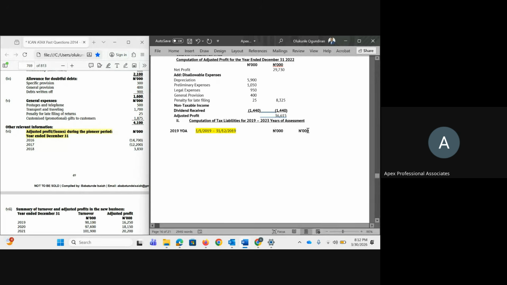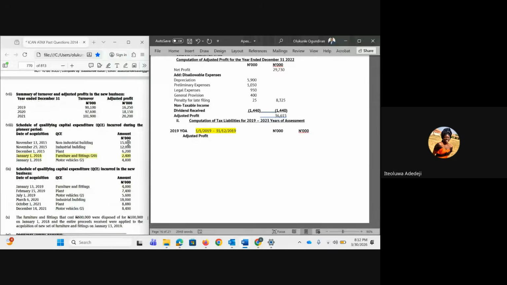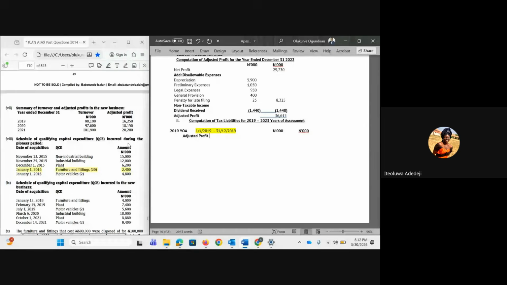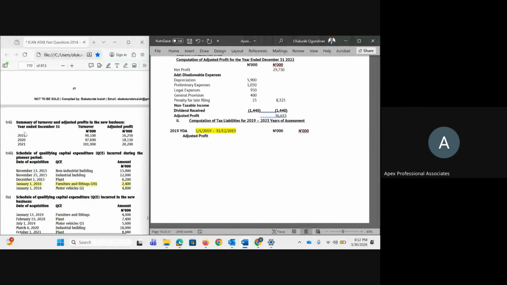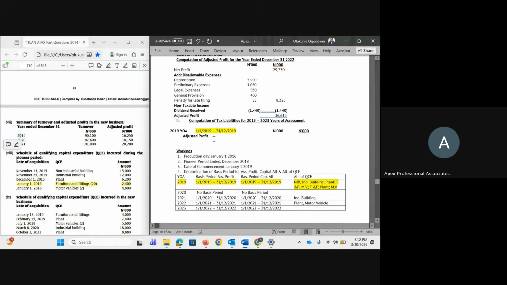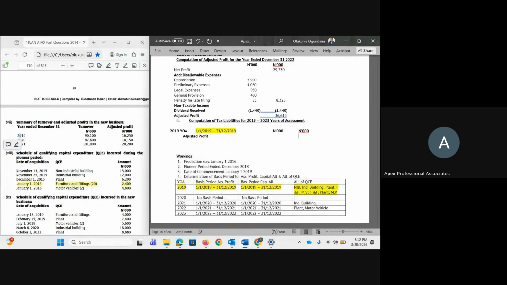And let's say adjusted profit is how much? 36,615, is that what they gave me? No. Adjusted profit is what they gave me here: 16,250. Are we together?